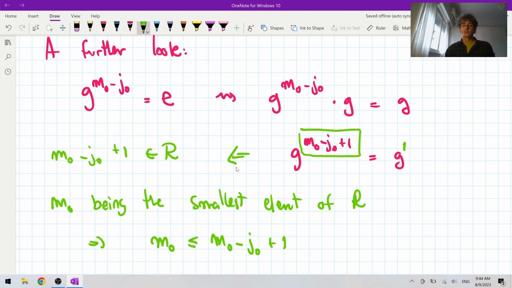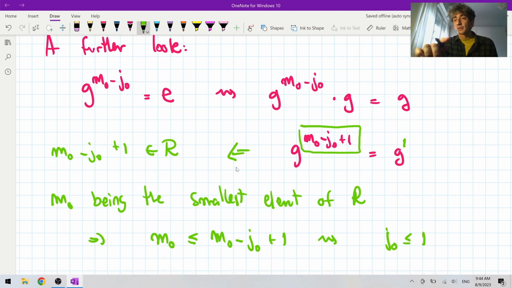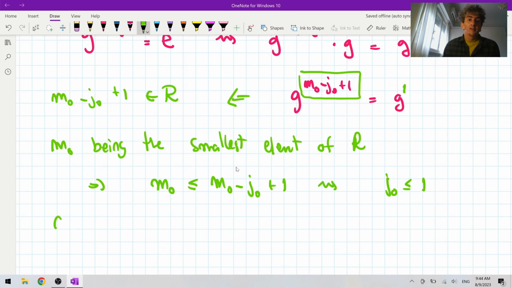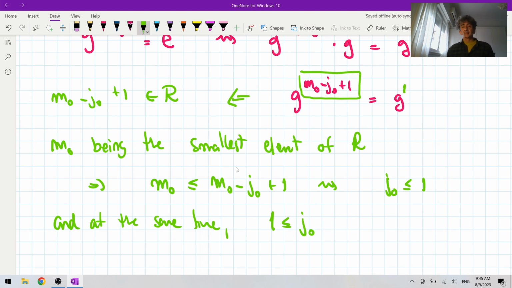So if we work this out, then we get that J naught is equal or less than 1, and at the same time 1 was lesser or equal to J naught. Since J naught is a natural number, both of these conditions say that J naught is actually 1.